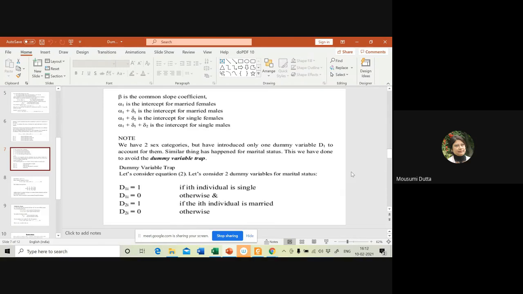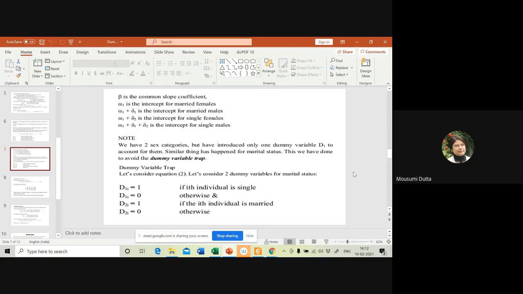So if the individual is single, in that case, the individual is not married, so D2I will be equal to 0. And if D1I is equal to 0, in that case, D2I is equal to 1. So we can safely write D1I plus D2I is equal to 1.